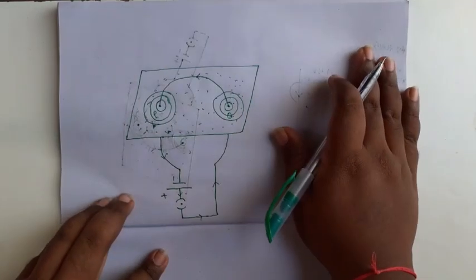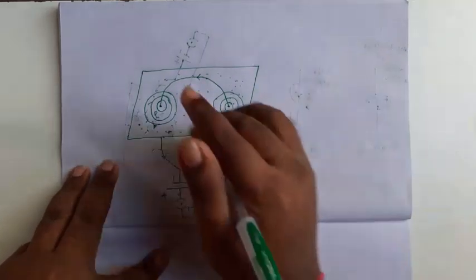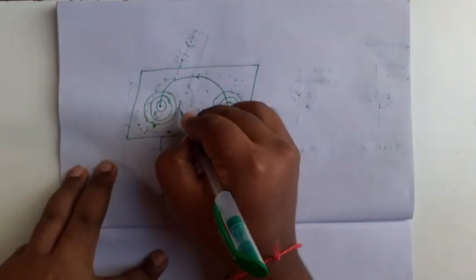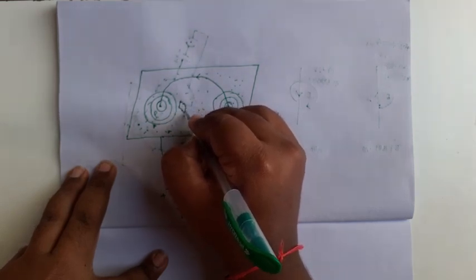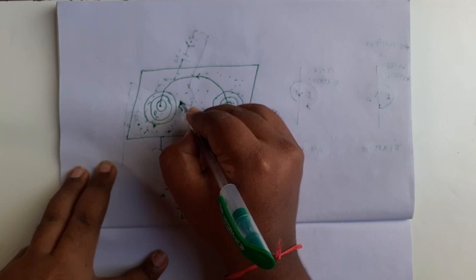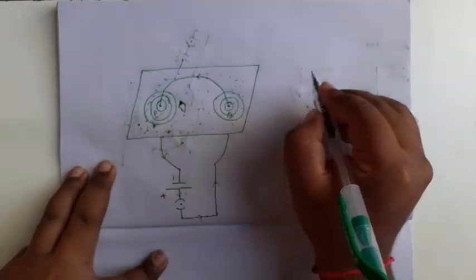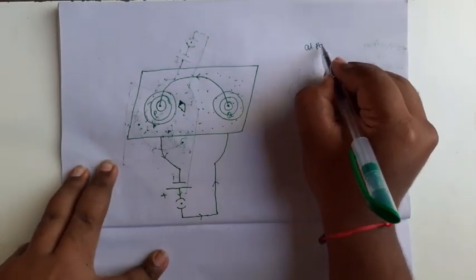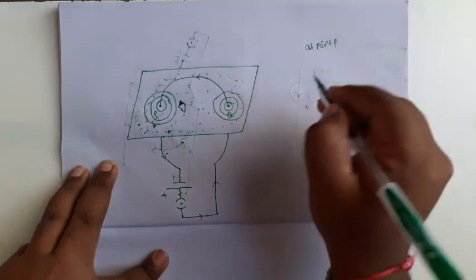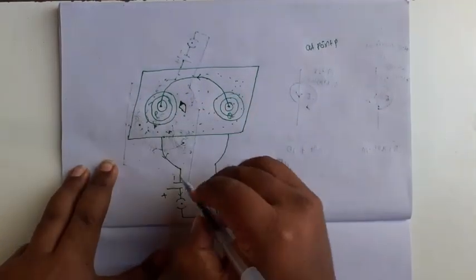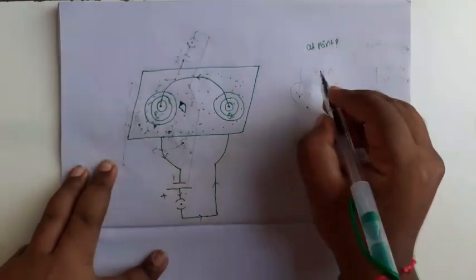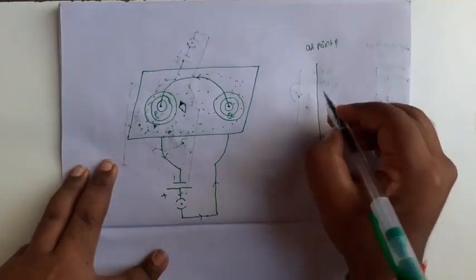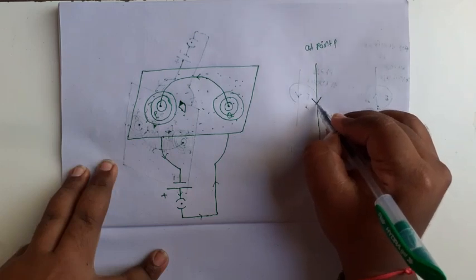Now, what is the direction of the magnetic field? Place the compass needle near point P. At point P, what is the direction of the current? The current direction is downward, this direction. So current is flowing in the downward direction.